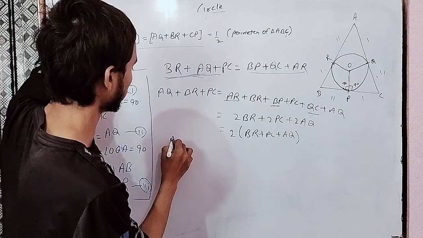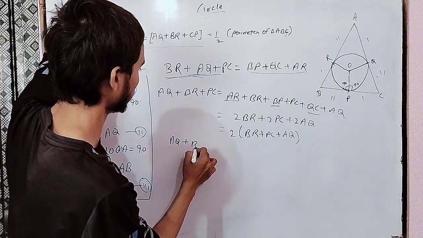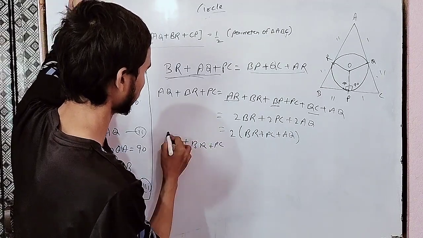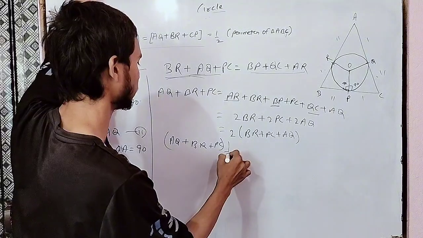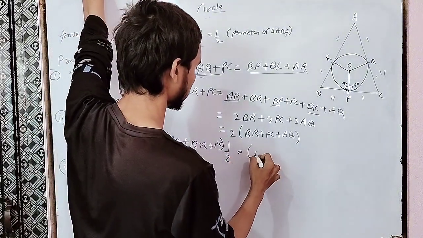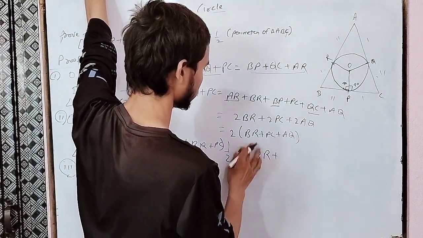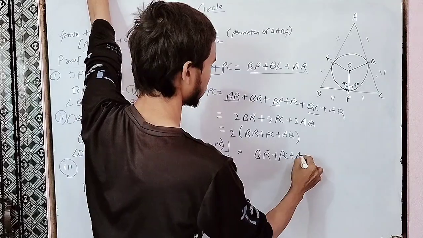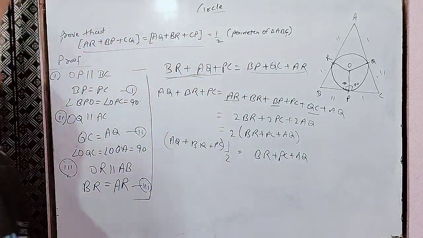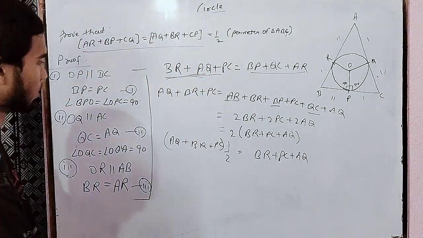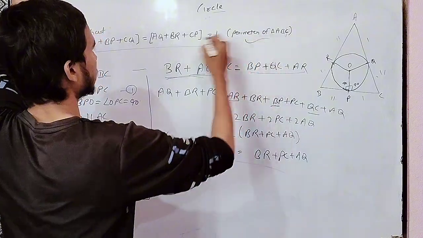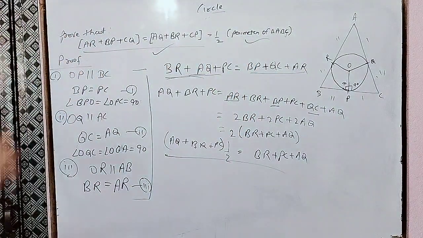So of course we can write AQ plus BR plus PC. When it comes to this side it will become half, and this stays as it is: PC plus AQ. Clear? Okay. So we have proved this and this also. Got it?